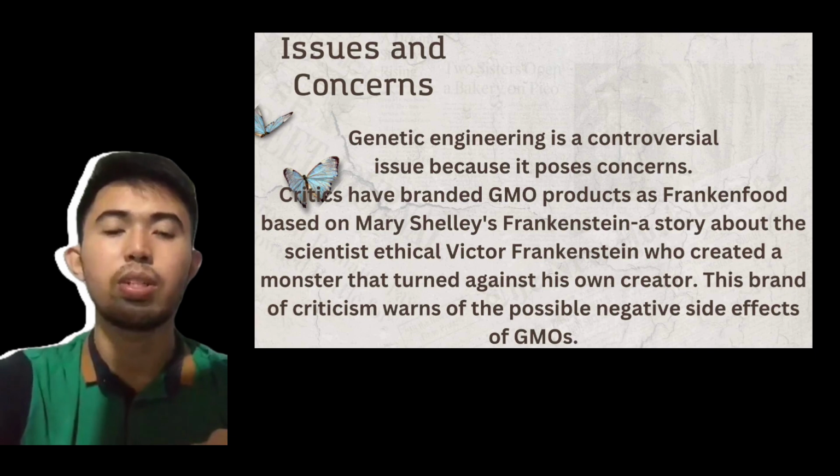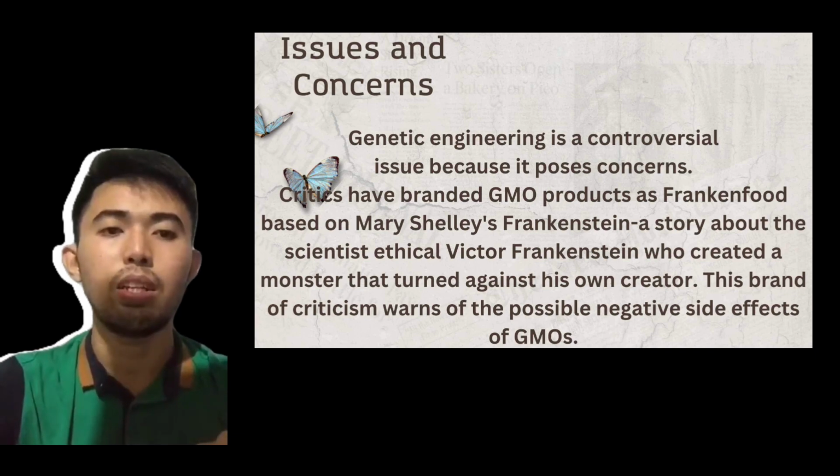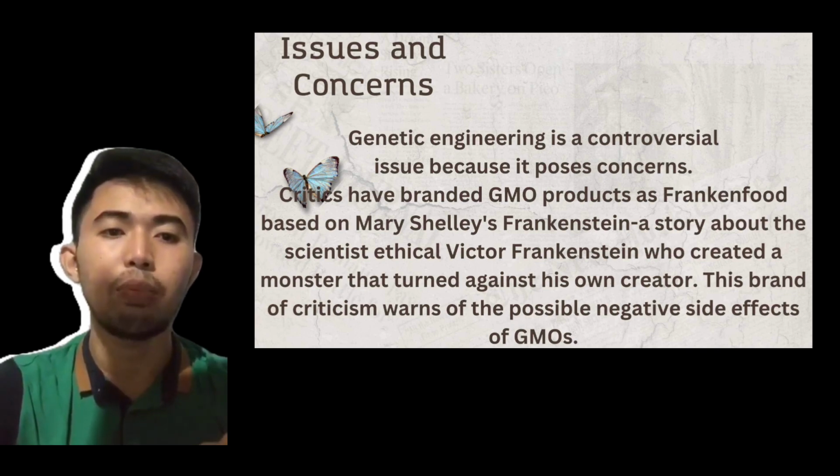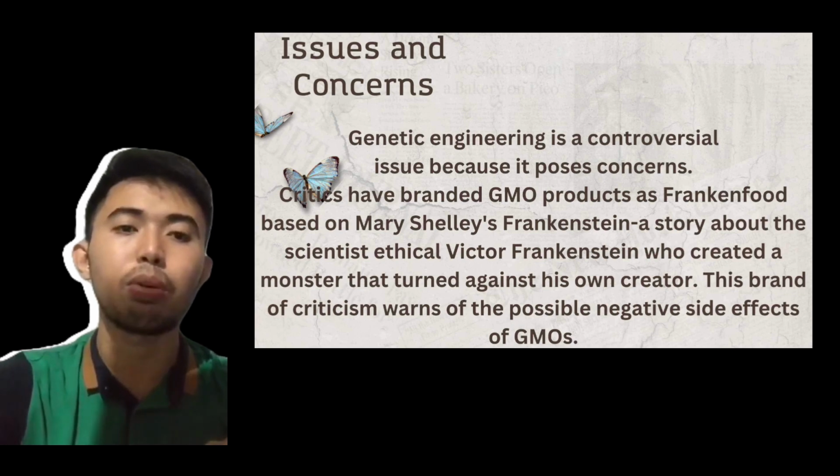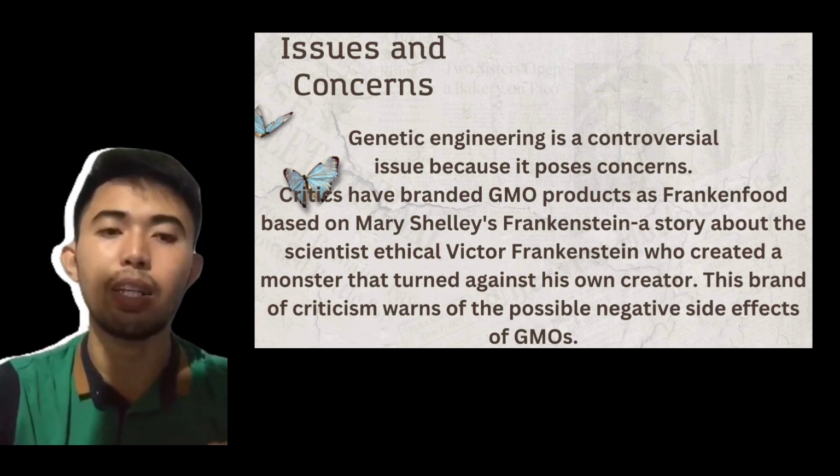Issues and concerns. Genetic engineering is a controversial issue because of several concerns. Critics have branded GMO products as Frankenfood, based on Mary Shelley's Frankenstein, a story about the scientist Victor Frankenstein who created a monster that turned against its own creator.